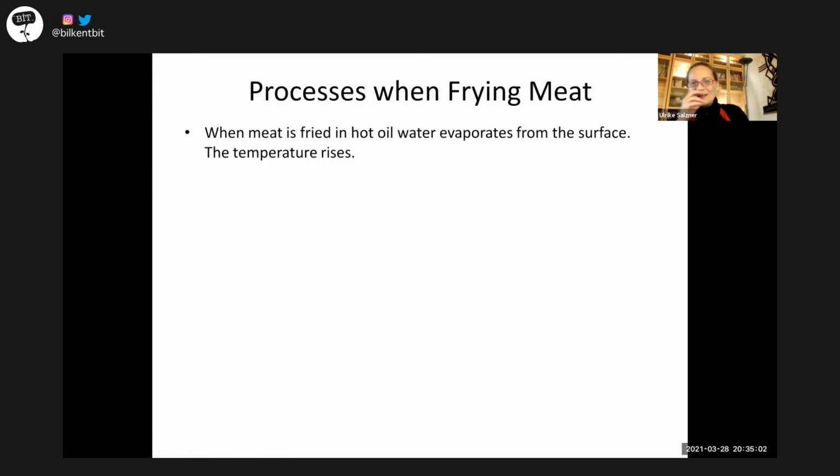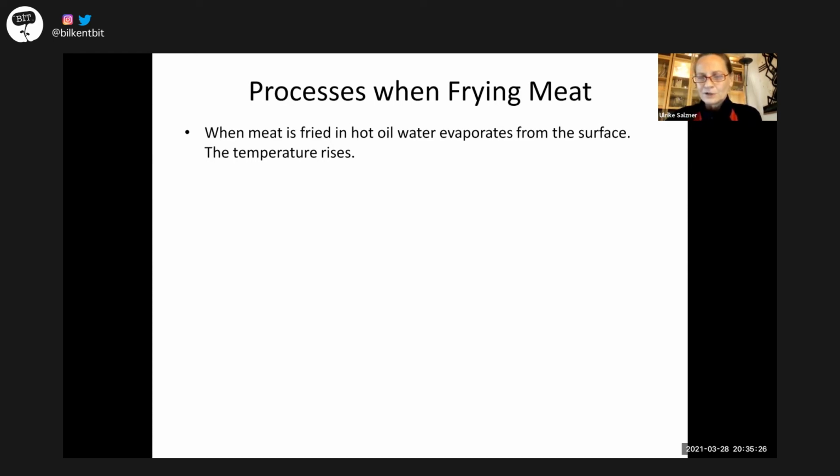So when we fry the meat, now comes the problem. When we put the meat in hot oil, the first thing is it behaves like when you boil water. It heats up to 100 degrees and does nothing else but evaporate water. And you cannot heat it any hotter than 100 degrees until the water has been evaporated, at least from the surface of the meat.